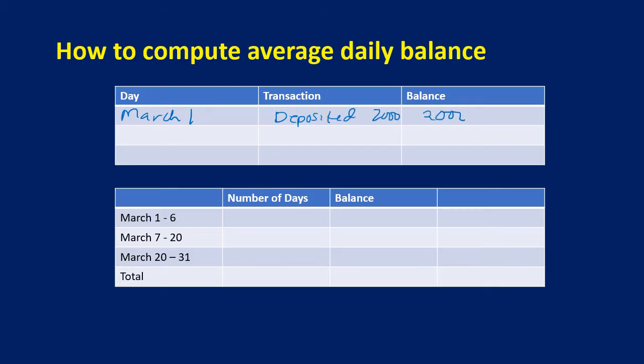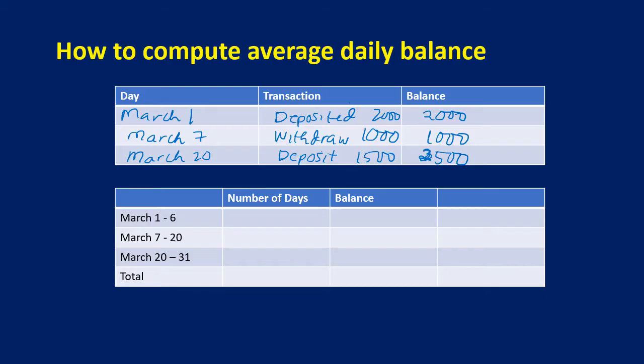So your balance is 2,000. And then on March 7, you withdraw 1,000. So that means your balance is now 1,000. But on March 20, you deposited 1,500. So your balance is now 2,500. So question, did you fall below the monthly average daily balance?